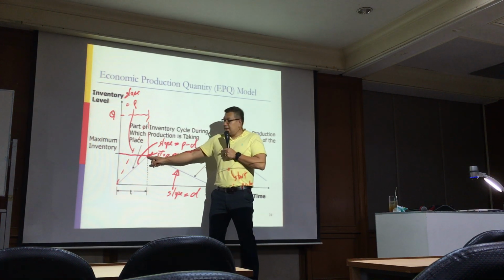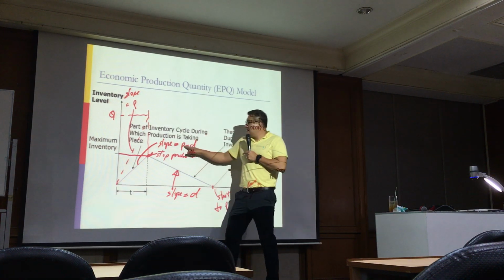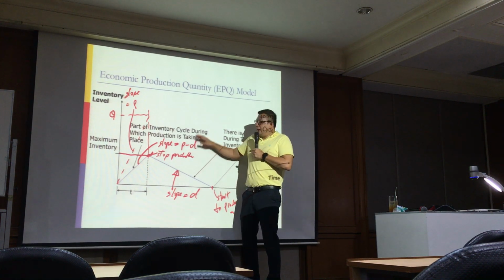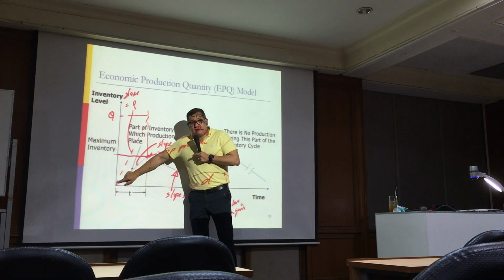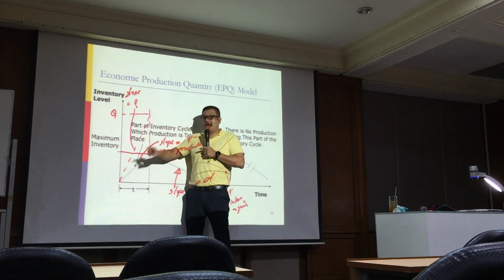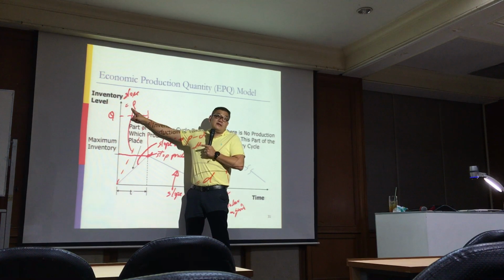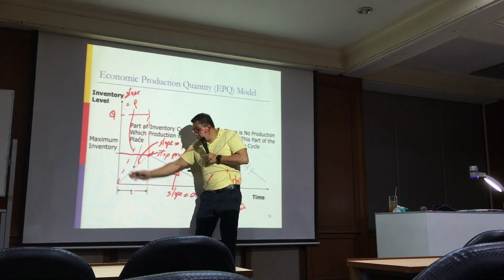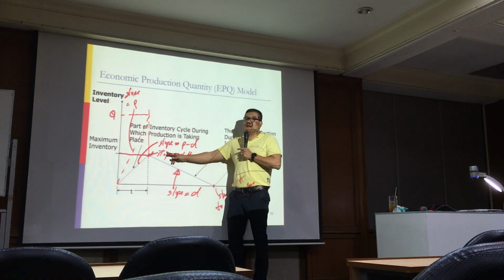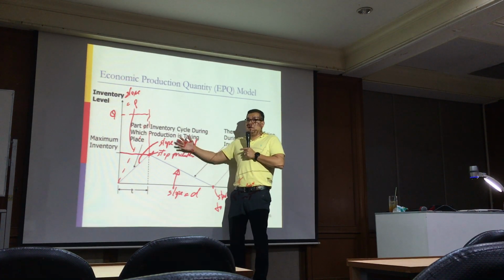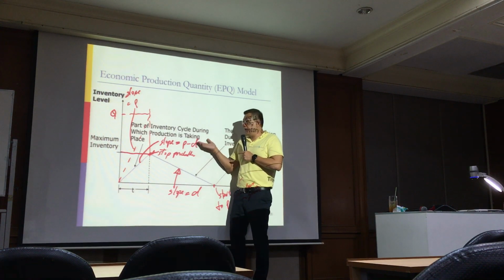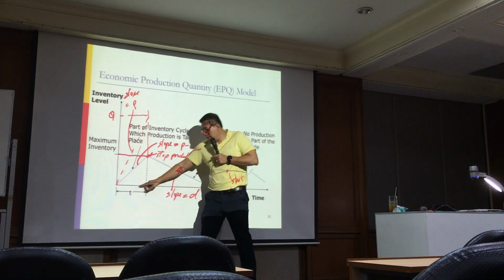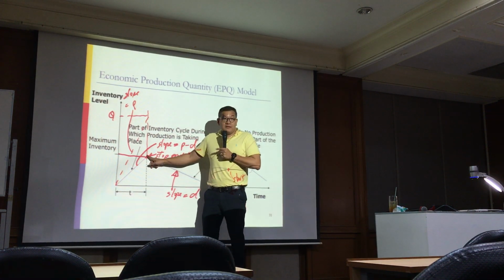The slope of this line is P minus D, which is 30 minus 20. If we had no demand, we would measure just the production rate, and the slope would be 30 units every day. But for inventory, we only have the excess remaining after demand, so it's P minus D. And at one point, let's say time equal to T, we stop the production.